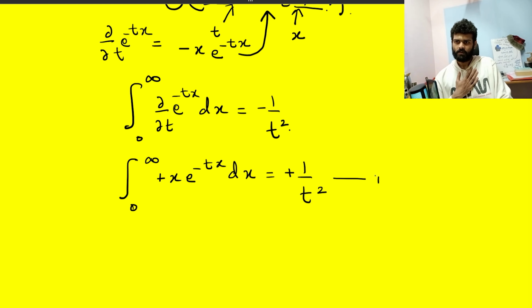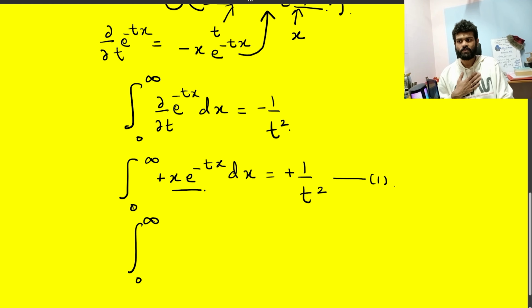Now what happens if I differentiate this one more time? You can take the derivative inside the integral because the same conditions are satisfied: this particular function is continuous and its derivative is also continuous. So you can take the derivative inside and differentiate it.